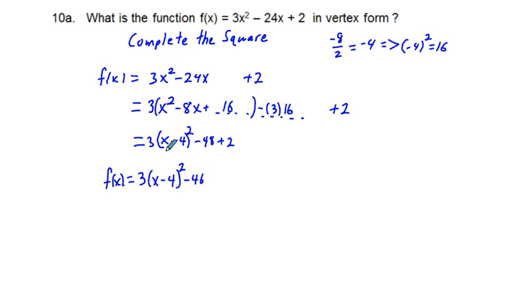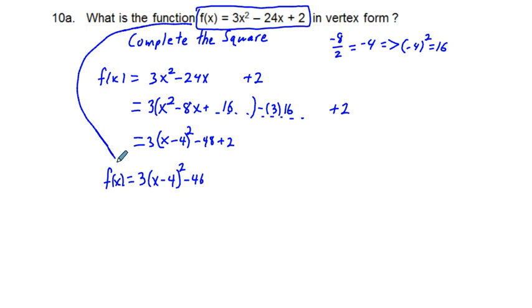Now, there are several things you can do to check your accuracy. One thing you can do is take this original standard form function and graph it and compare it to the vertex form and see if the graphs give you the same thing.